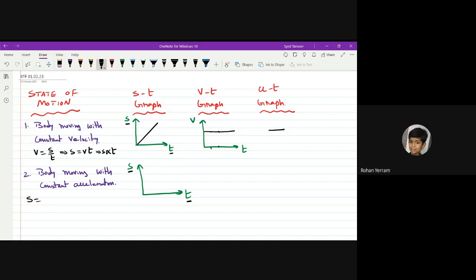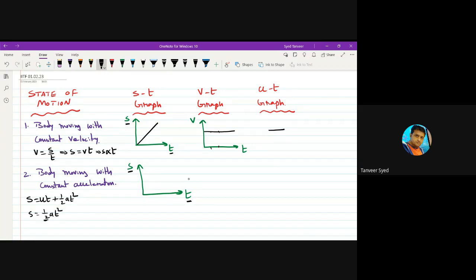Sir, kinematic equation 3. S equals ut plus half a t square. To make the situation simpler, let us say u is 0. Initial velocity is 0. The body is starting from rest. Then S is equal to half a t square.